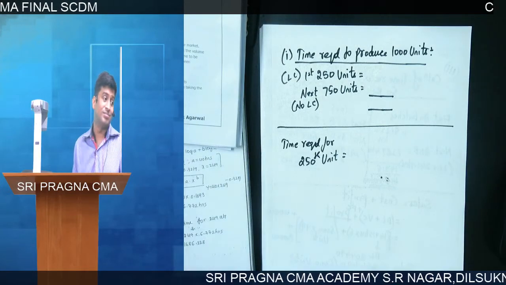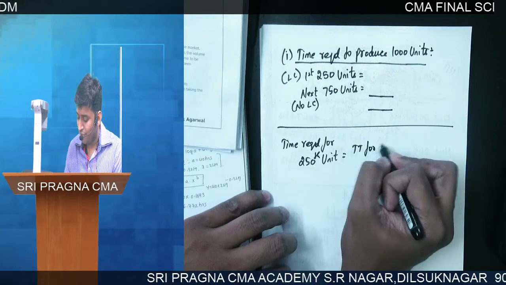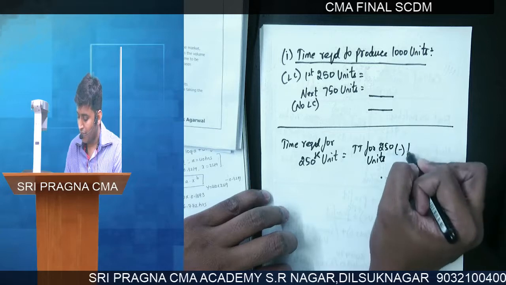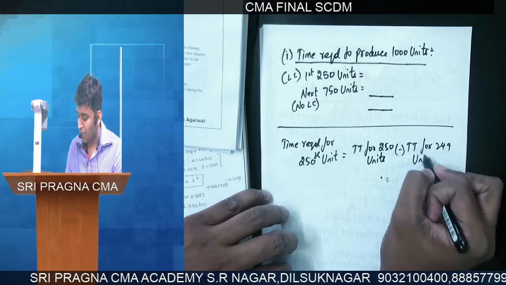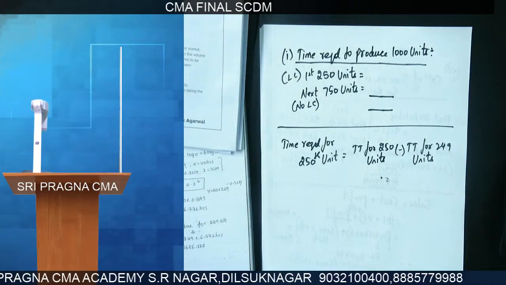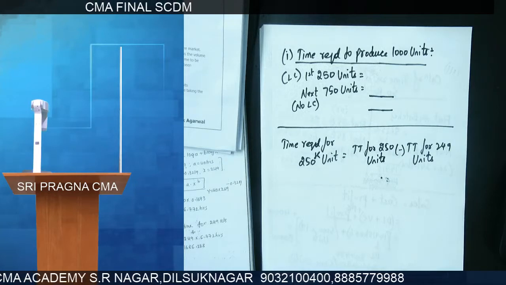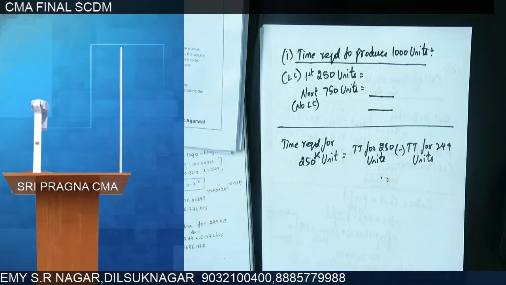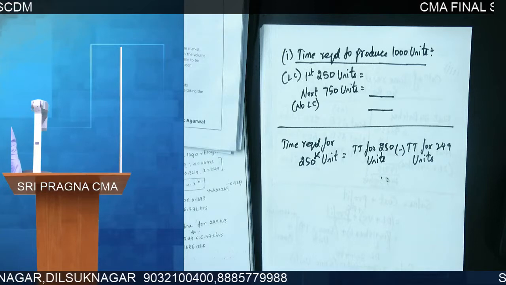How does it come? Total time for 250 units minus total time for 249 units. Right? If I get this, everything else we get. This is important because after that the time remains constant, so I need it.